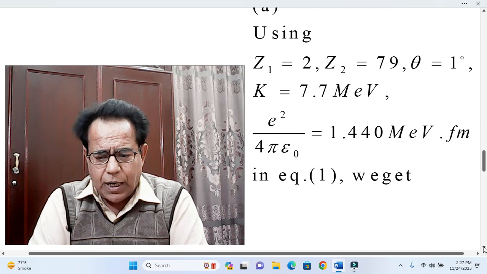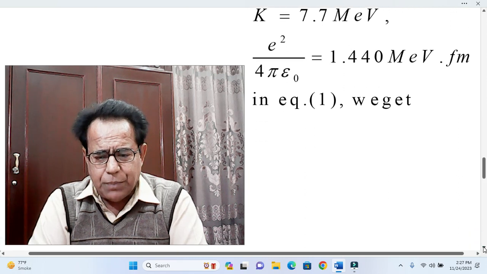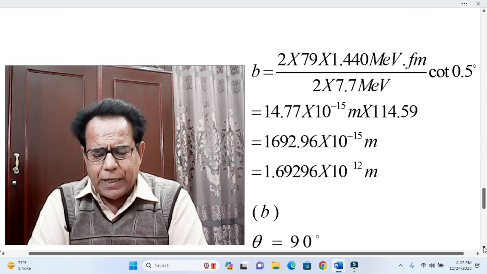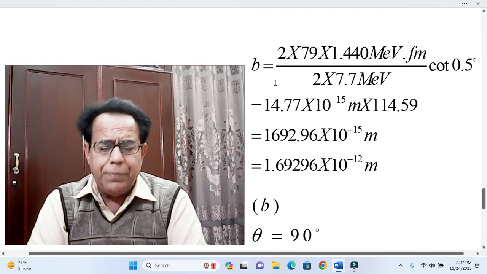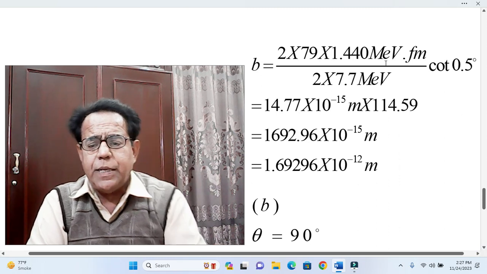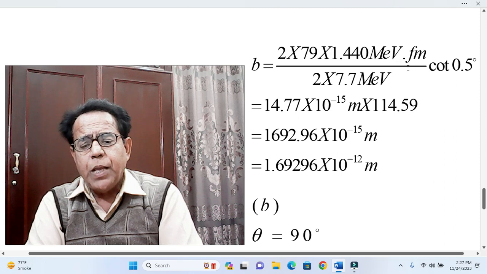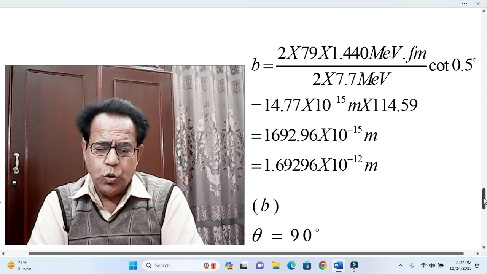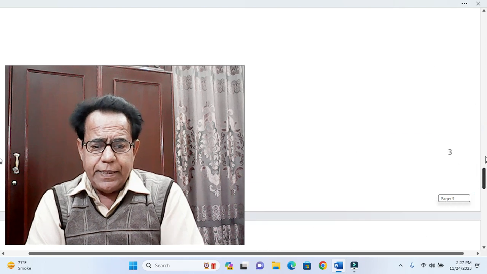When we put all these values in equation number 1, we will find the value of impact parameter b. Impact parameter b equal to 2 into 79 into 1.440 million electron volt into femtometer divided by 2 into 7.7 million electron volt.